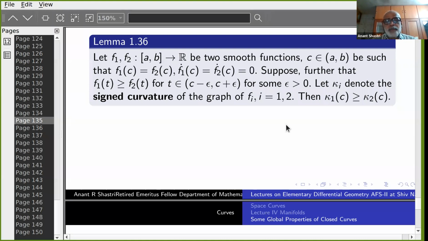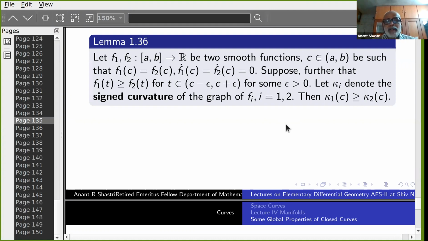Therefore, the two graphs will pass through the same point, right? c comma f(c) is a common point. And the derivative there is 0. So what happens? The x-axis becomes a tangent to the curve at that point, because the derivative of the function is 0, right? The tangent to that curve will be the x-axis. So this is the picture.